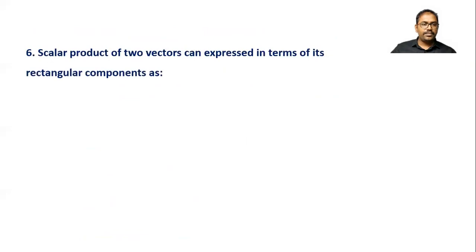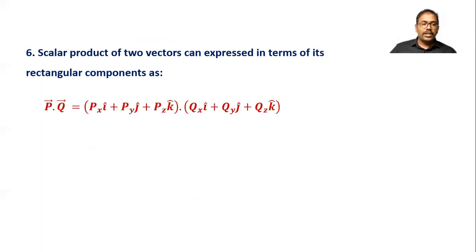Next characteristic, 6.1: the scalar product of two vectors can be expressed in terms of rectangular components. Let me prove this. I consider p bar dot q bar. I can write p bar in terms of rectangular components as px i cap plus py j cap plus pz k cap, dot q bar, which I write as qx i cap plus qy j cap plus qz k cap. Now we have to simplify this.